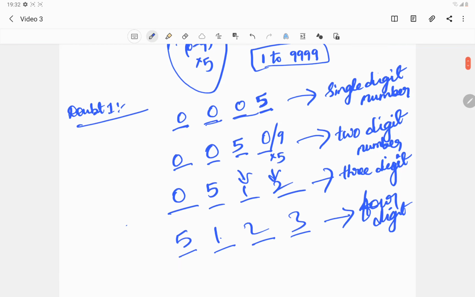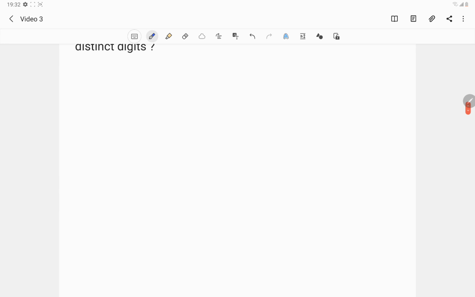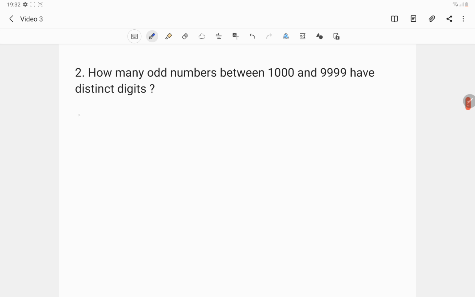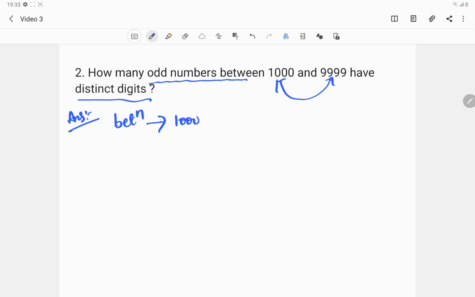Now let us look at another question. In this question we need to find how many odd numbers between 1000 and 9999 have distinct digits. The question says between 1000 and 9999, so clearly we are dealing with 4 digit numbers.